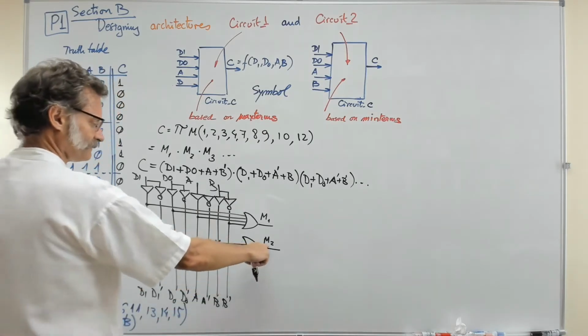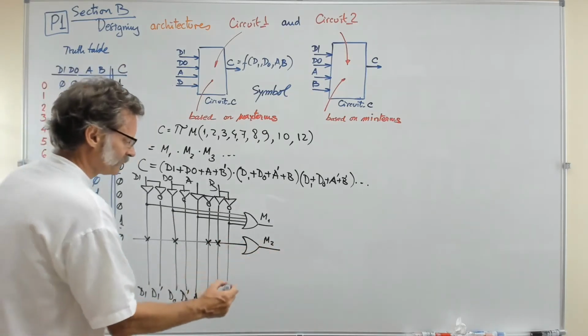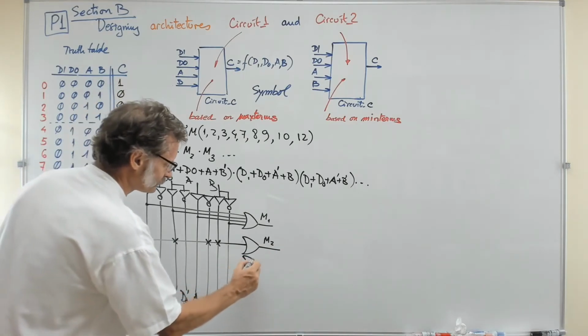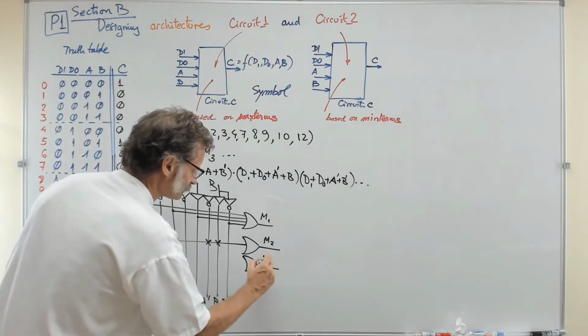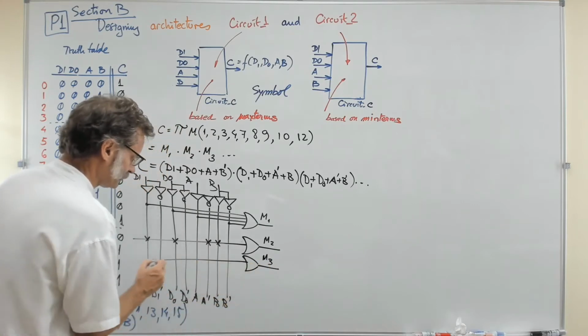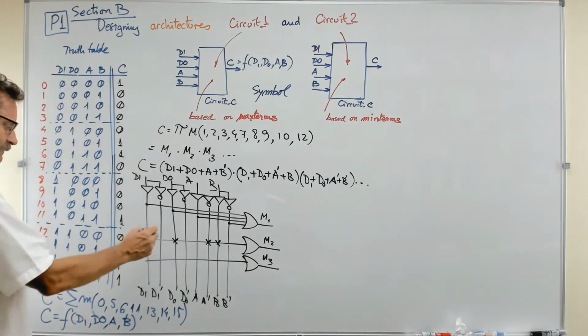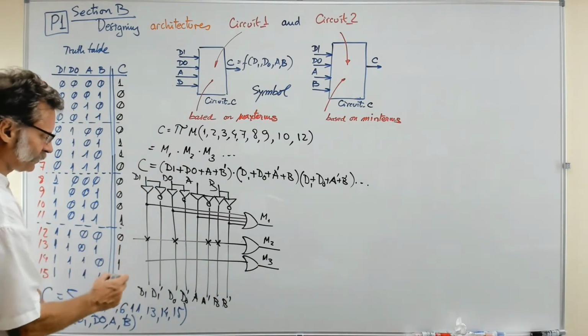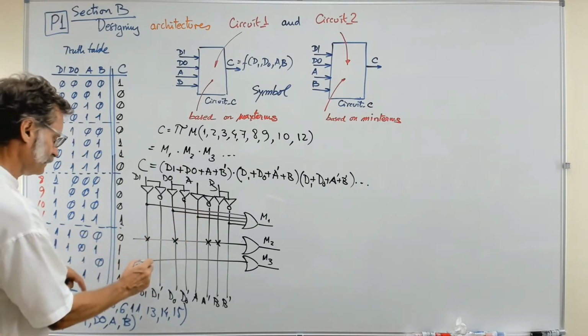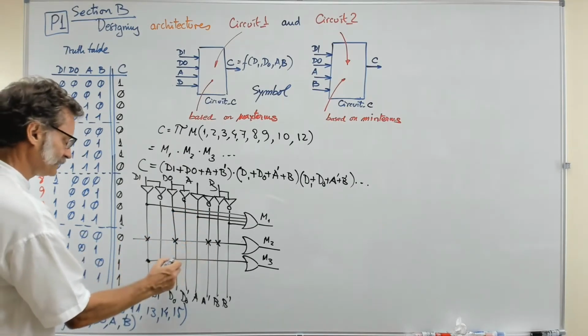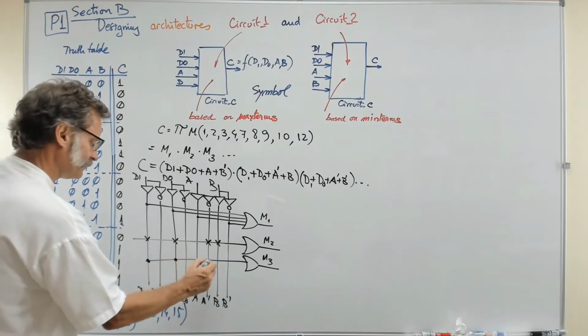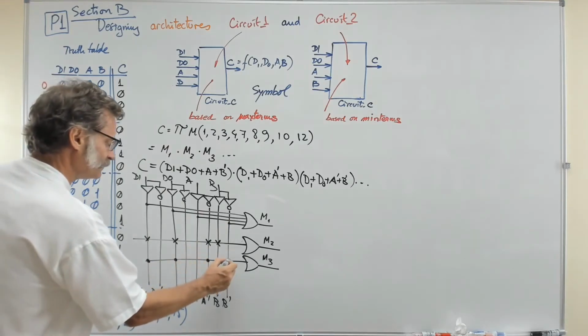So this is the same, the maxterm 2. And in this way you can go representing the next one, which is the maxterm 3, using crosses or just dots as you like. So this is D1, this is D0, this is A naught, and B naught.